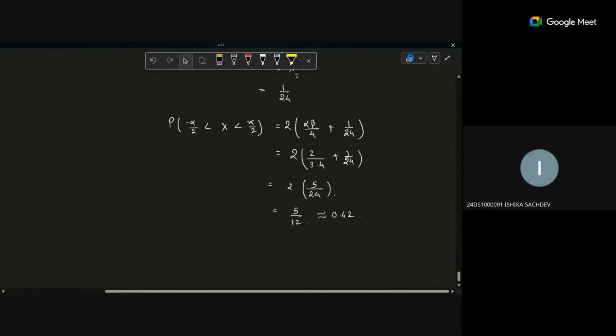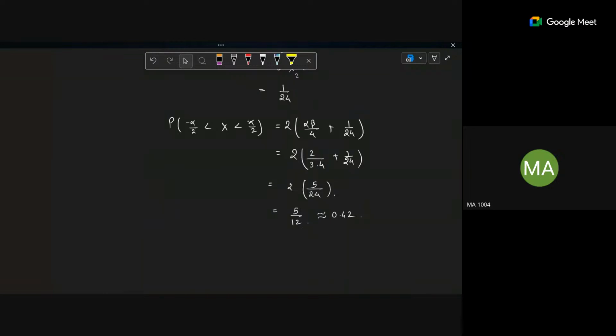Ma'am, actually, I found the midpoint way easier. Yes, that's easy, because whenever you apply any argument, corollary or theorem, things get easy. That's why theorems are built in mathematics to make things easy.